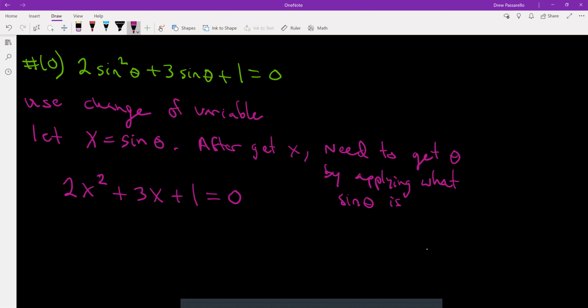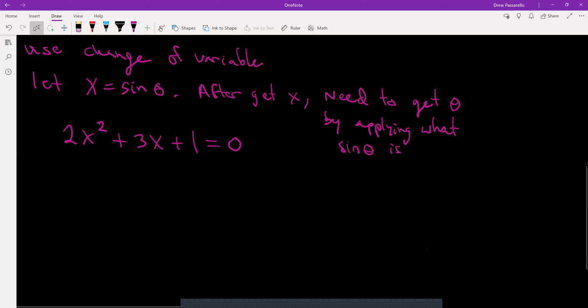All right, and to do this, I'm going to factor, and by factoring, I use what's called the AC method. So I'm going to do the first number 2 times the last number 1. So 2 times 1 is 2. Find the pair of factors of 2 that add up to the middle number 3.